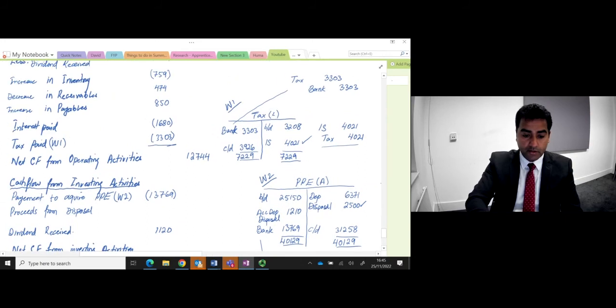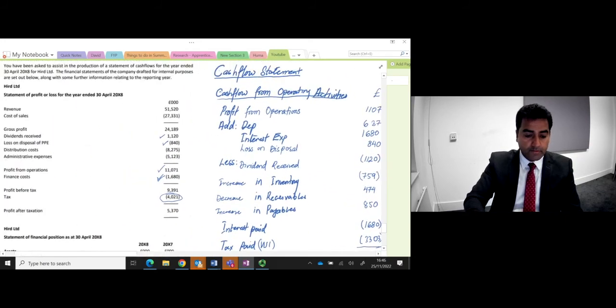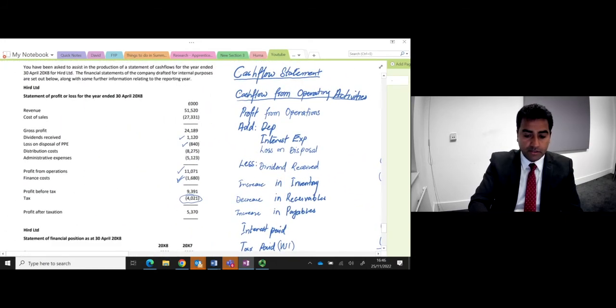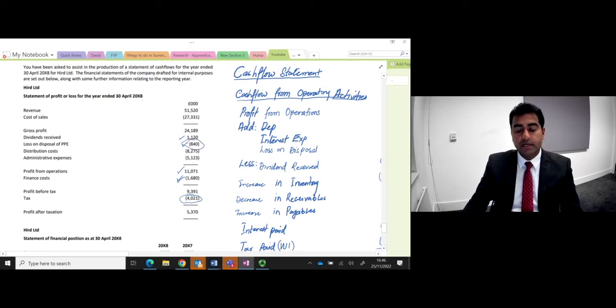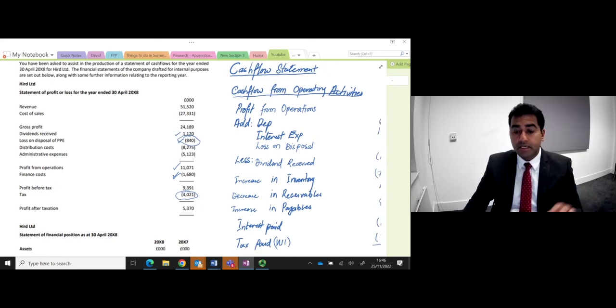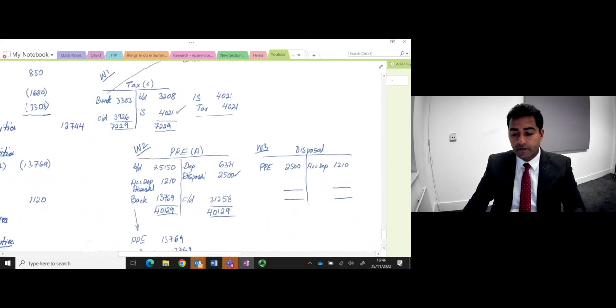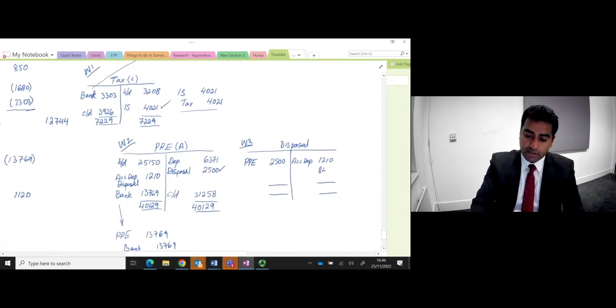So let's find out. We have actually made a loss on this disposal, which is £840,000. Now that means the loss has been recorded in the profit and loss account, which is a debit figure in the profit and loss account, which means it will be a credit figure in the disposal account, 840.